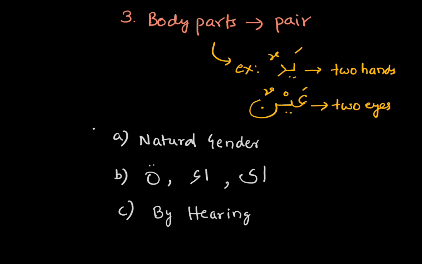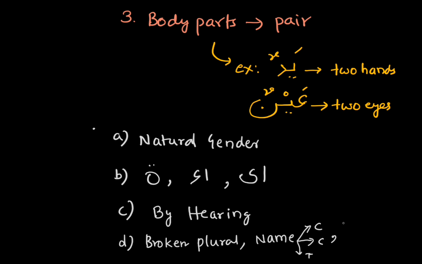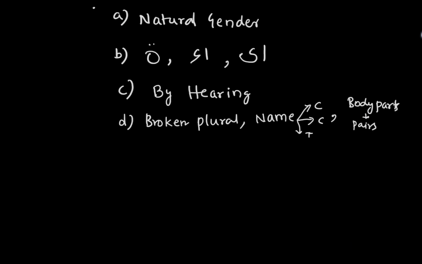The fourth is broken plurals, names of a country, city, or tribe, and body parts which are in pairs, which are also included under feminine nouns.